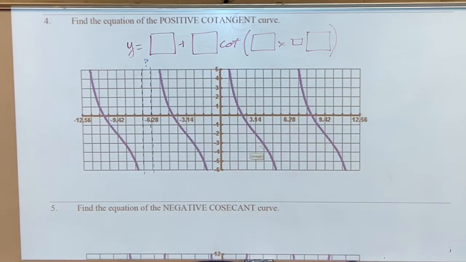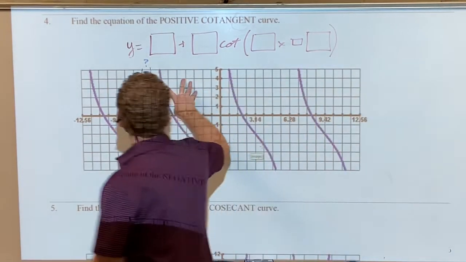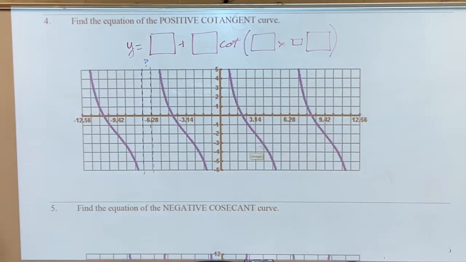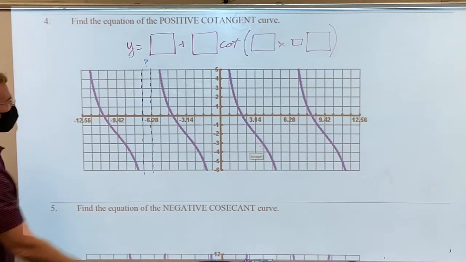All right, so we were talking about what do you do when you're not sure which vertical asymptote to grab. What's the worst thing that can happen? Try it out. Guess wrong. So I'm going to intentionally guess wrong.